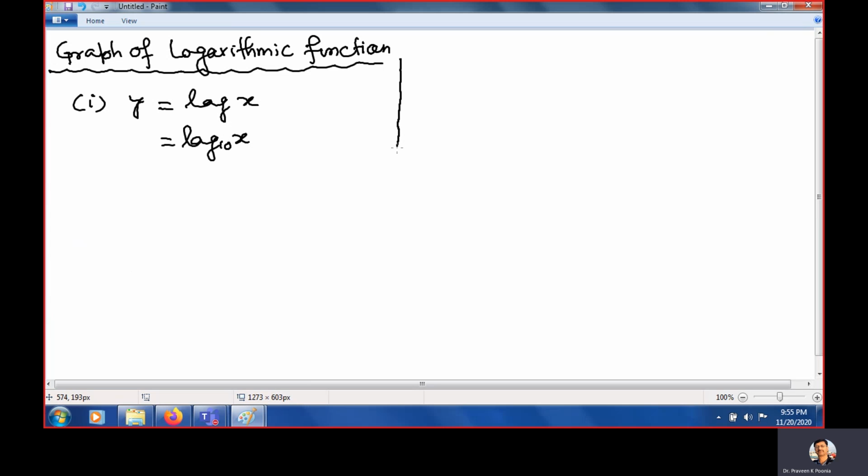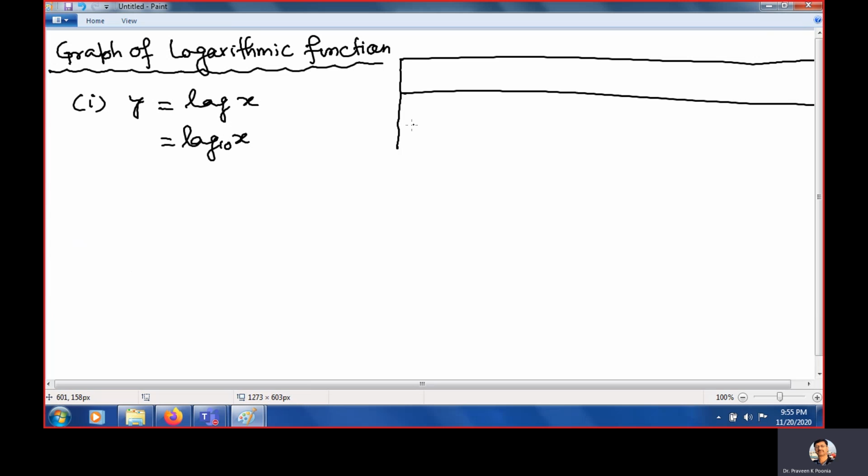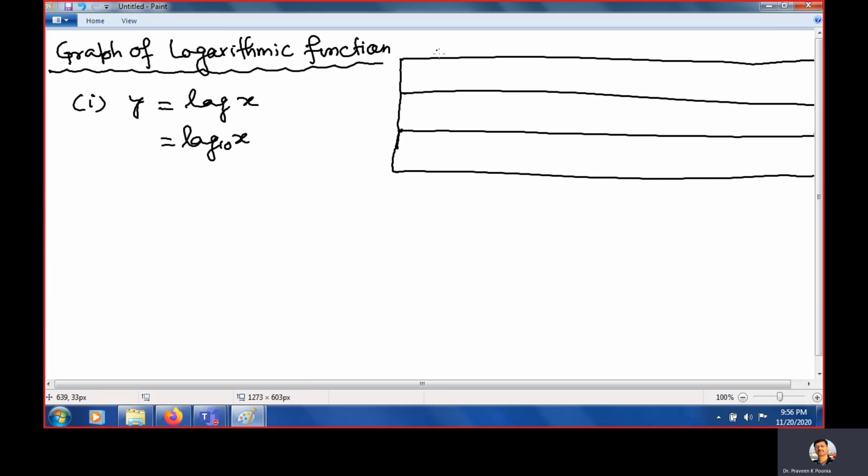Okay, so like the exponential function, first we are going to make the table. And my dear friends, here the approach is different. If you remember, in exponential we were taking values -2, -1.5, -1, 0, 0.5, 1, 1.5 and 2.